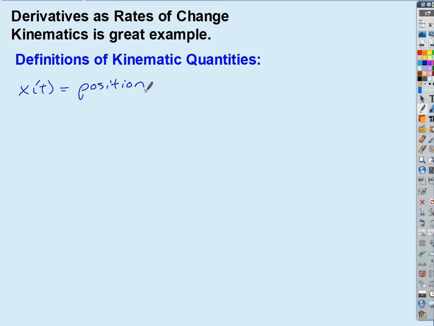Right, so position, what would come next? Okay, what's the next one though down the list in kinematics? Got position and then what? Velocity. Okay, so we'll call it v of t equals velocity. And what's next? Acceleration. So a of t equals acceleration.